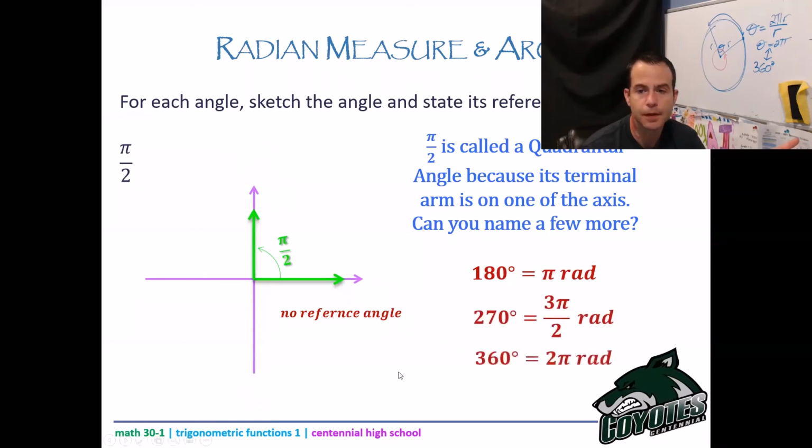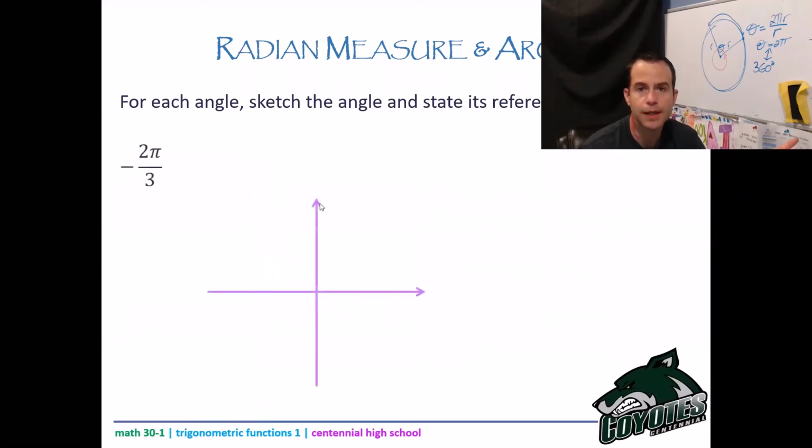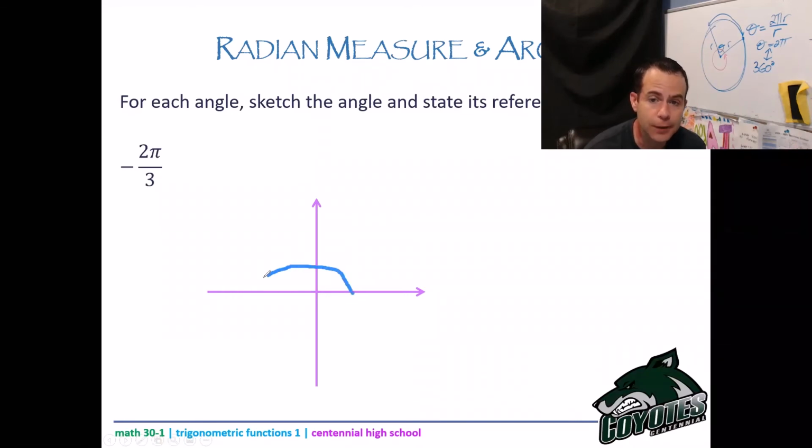Awesome. Okay, then we have negative 2 pi over 3. Now, the negative refers to a direction. And again, I don't want you to convert this. I want you just to think through. If from here to here was pi, then don't you agree that from here to here would be negative pi?